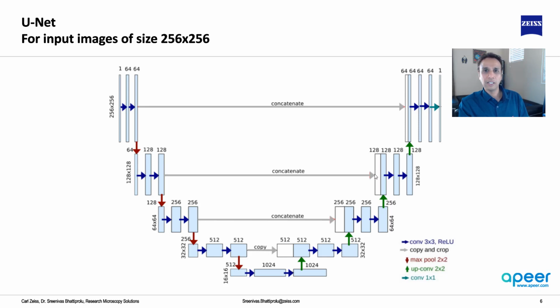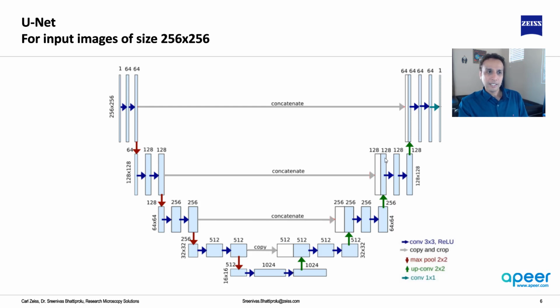That's what we are concatenating, and then comes our convolution operation with 128 filters, obviously. So here you have 128 plus 128, but then the convolution converts that into 128 filters. After the convolution operation, you have 128 and the image size is 128 by 128.